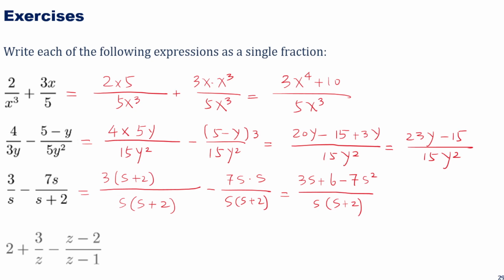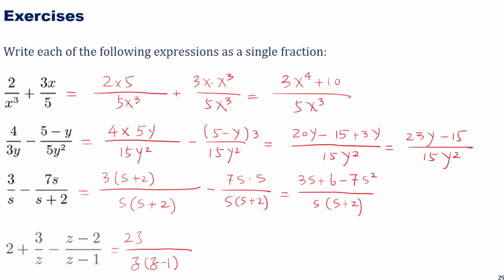In our next few lessons, we'll talk about how you probably need to check whether you can factor that into a product of two expressions. And last one, well, the least common multiple is z times z minus 1, right?